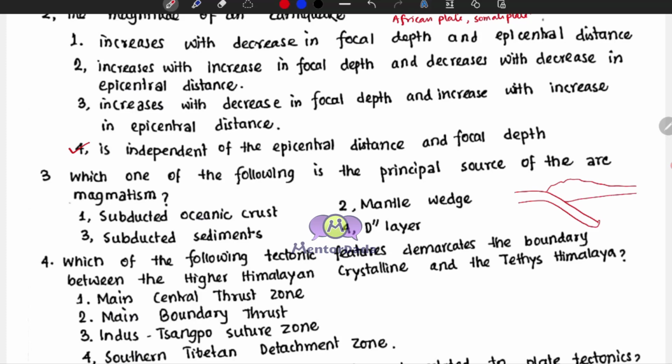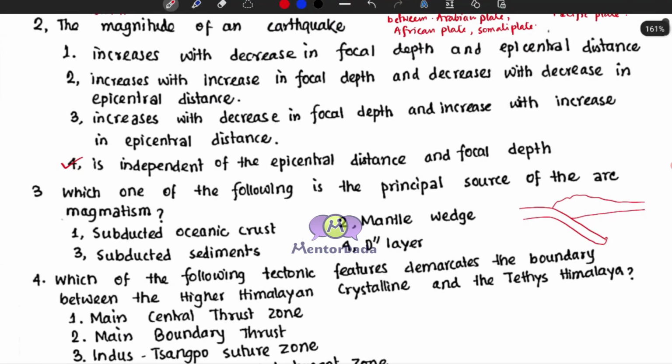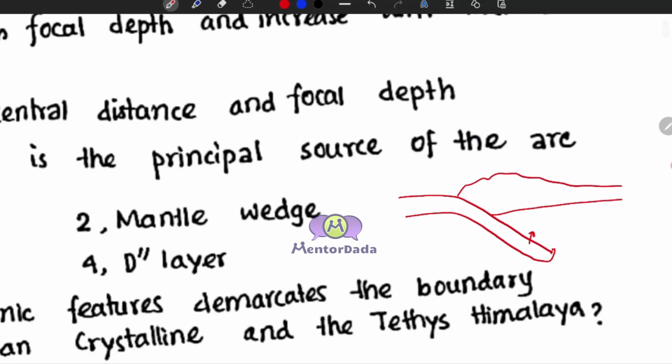The subducted plate releases its water and other volatile materials to the mantle above it. This part of the asthenosphere gains volatile material, so its melting temperature decreases, producing melting called flux melting, which produces magma.